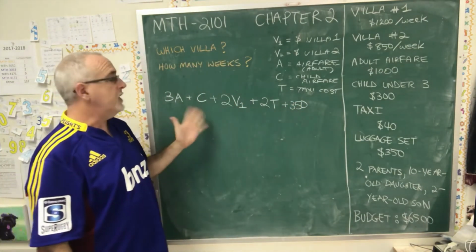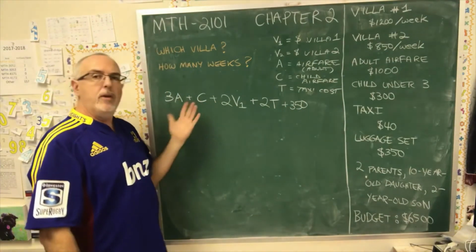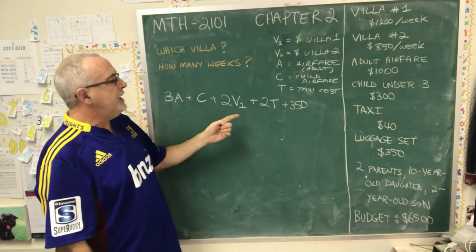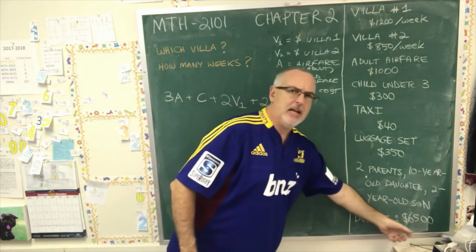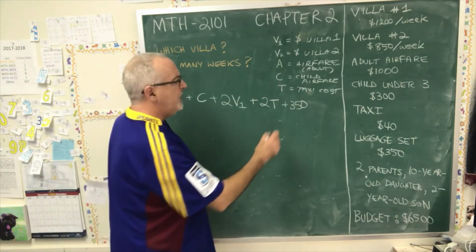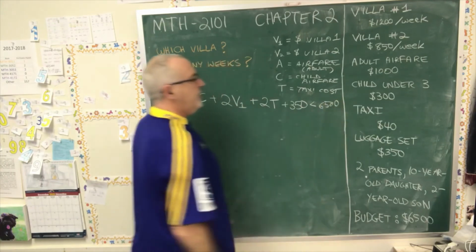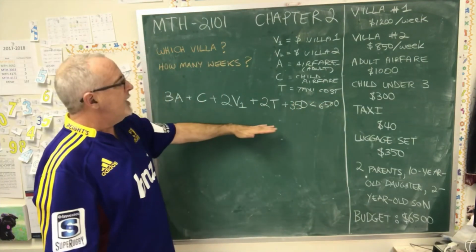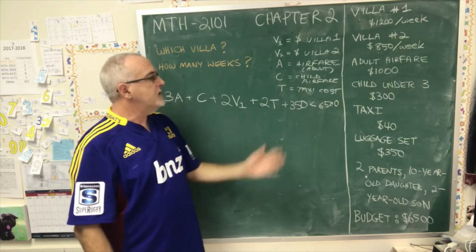Now this is an expression. It doesn't become an equation unless I put an equal sign. And I'm going to decide whether I want to do that. Because I'm not trying to make this vacation cost exactly $6,500, so I don't really want an equal sign. What I want is for it to be less than $6,500. So I put a less than sign. A lot of students will think, no, they'd rather not have to do this. So they have choices.